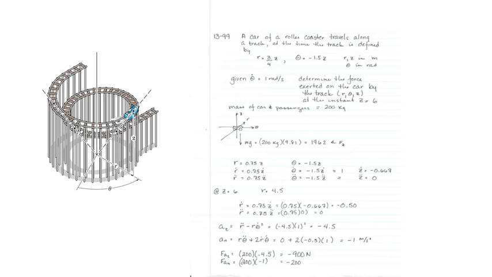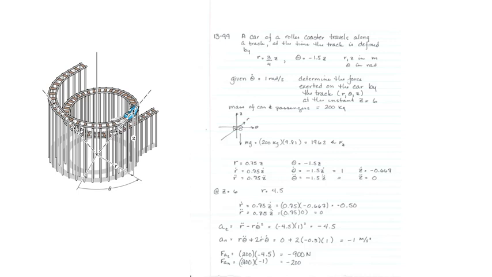A car of the roller coaster travels along the track, which for a short distance is defined by a conical spiral, given that r is 3/4 z and theta is equal to -1.5 z. So our track is defined by this r, and our theta is defined here. r and z are in meters, and theta is in radians.